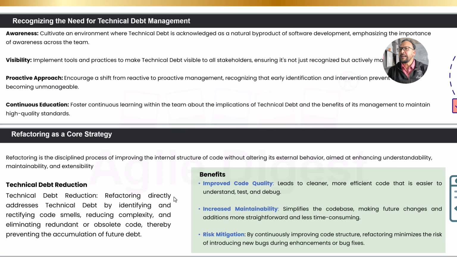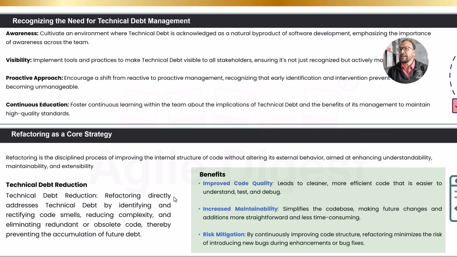Technical debt reduction: refactoring directly addresses technical debt by identifying and rectifying code smells, reducing complexity and eliminating redundant or obsolete code, thereby preventing the accumulation of future debt. What are the benefits of refactoring? Improved code quality leads to cleaner, more efficient code that is easier to understand, test and debug.